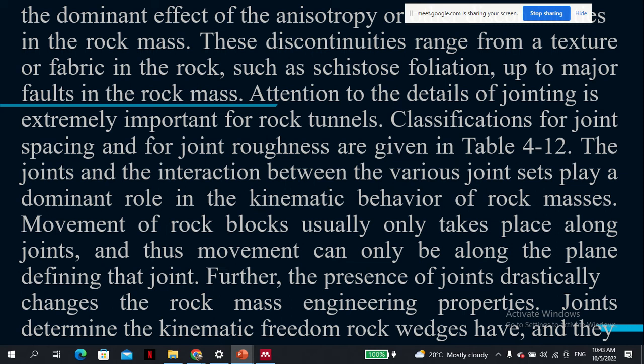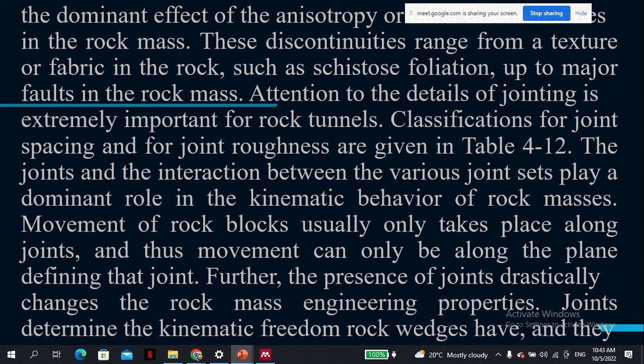Now you will see later that when classifying the rocks, great attention is paid to the jointing because, as I've told you, anisotropy plays a very important role.